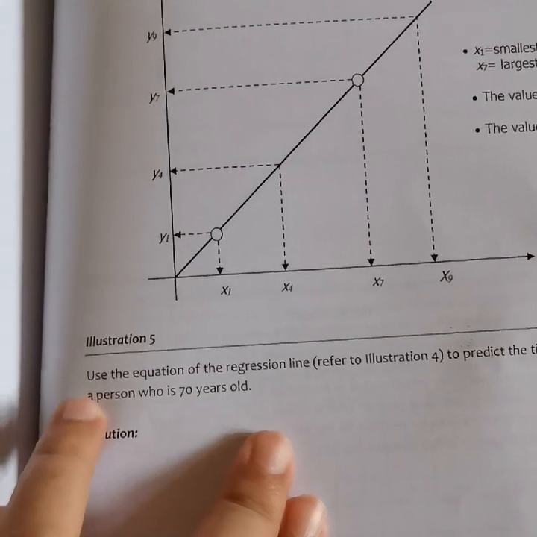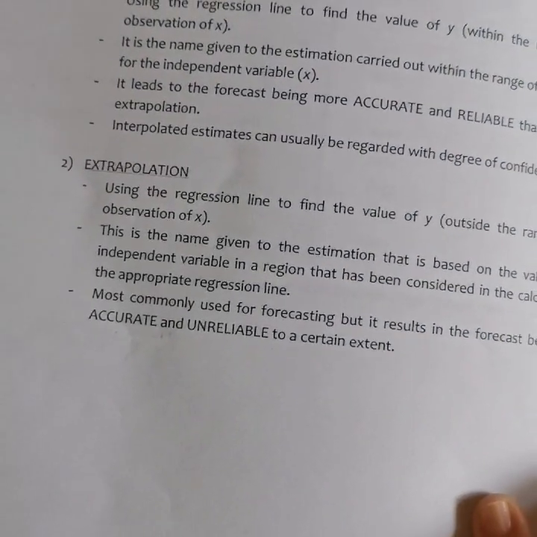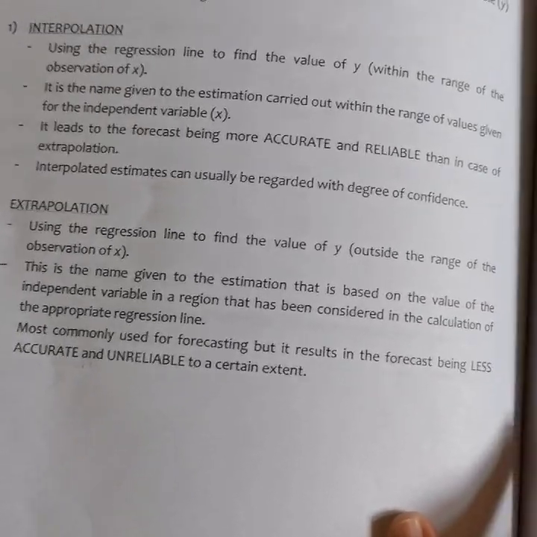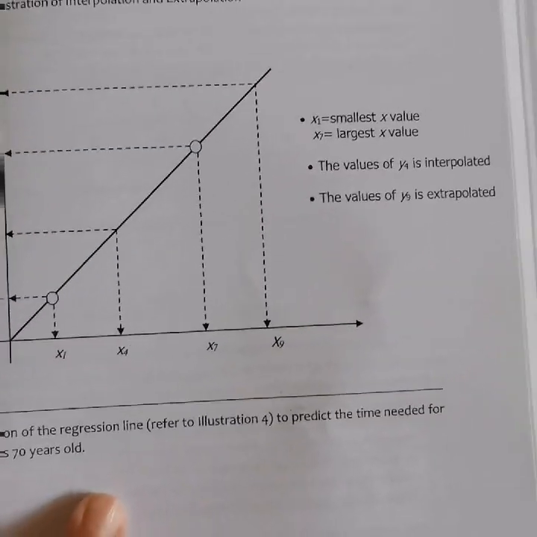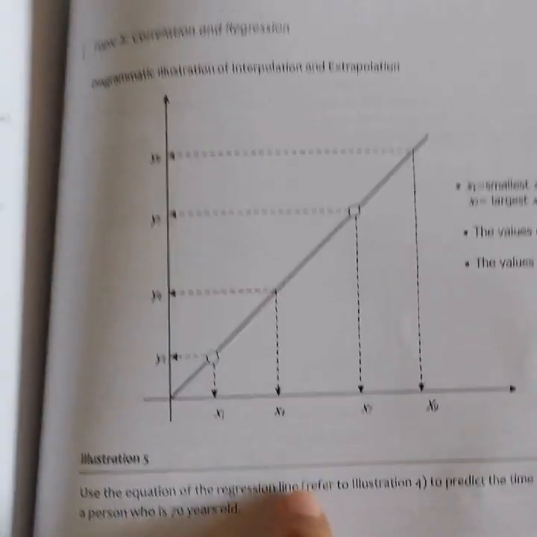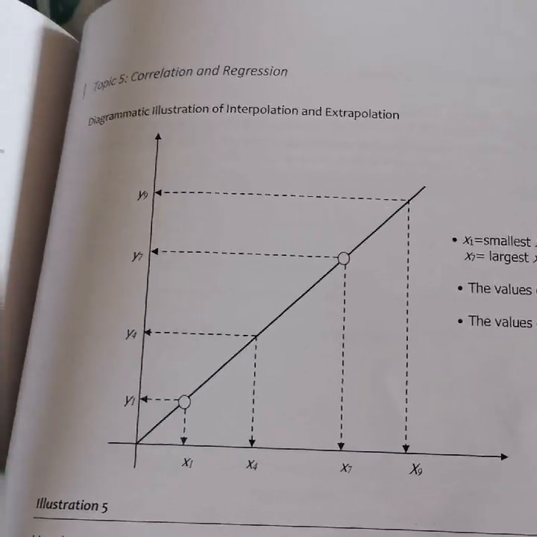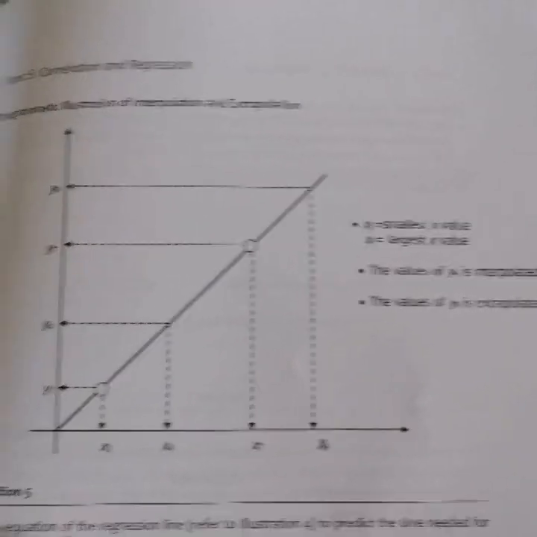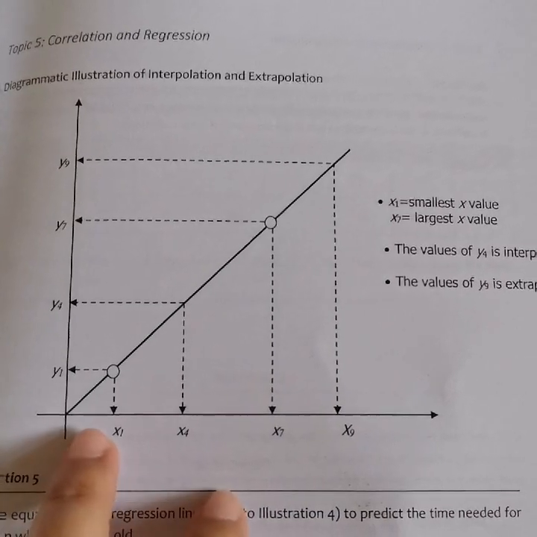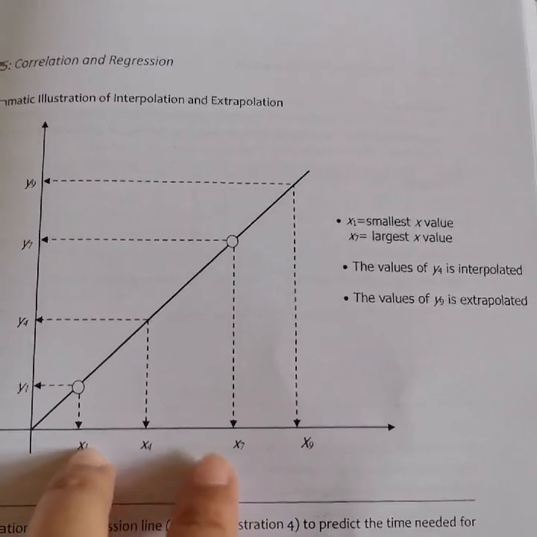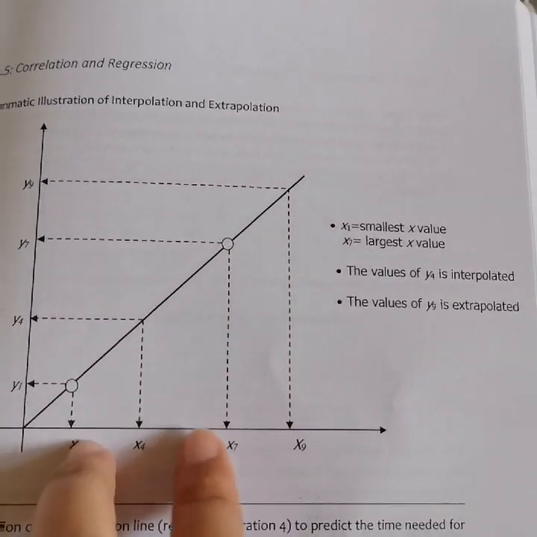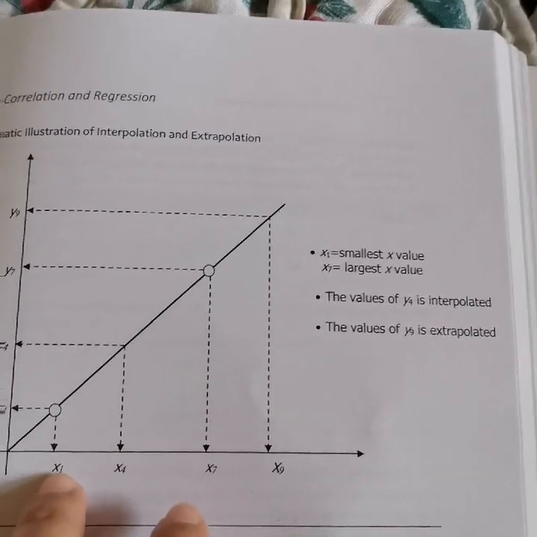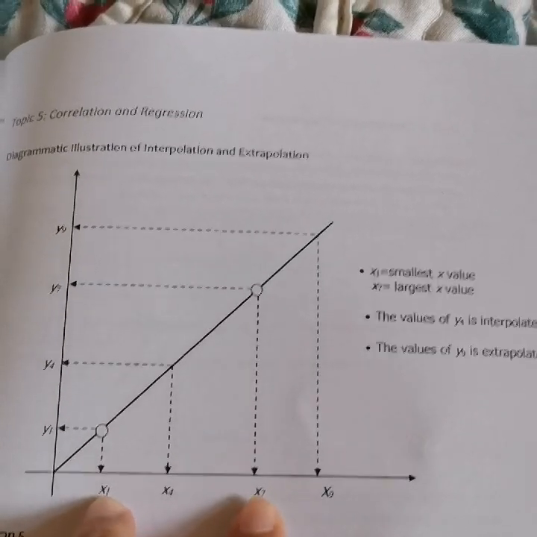Now we are trying to understand the types of forecast that we have here, which are interpolation and extrapolation. When do we say that we are doing the interpolation process? Let's say our data is given from x1 to x7, so the range of data of x that we have is between x1 and x7.